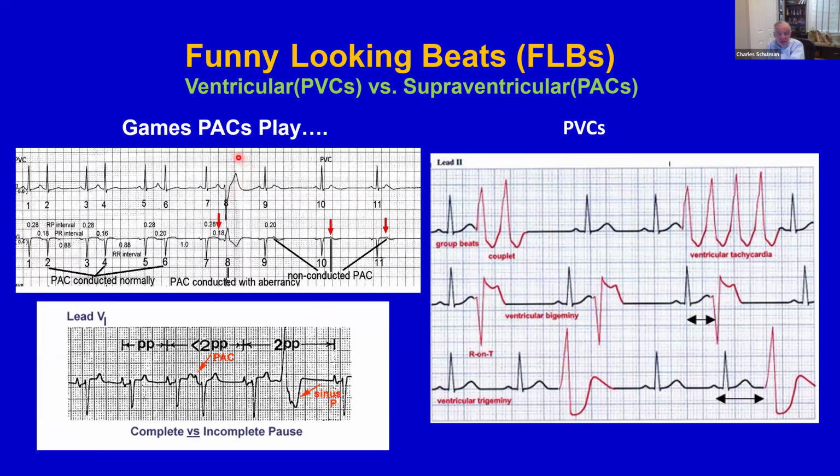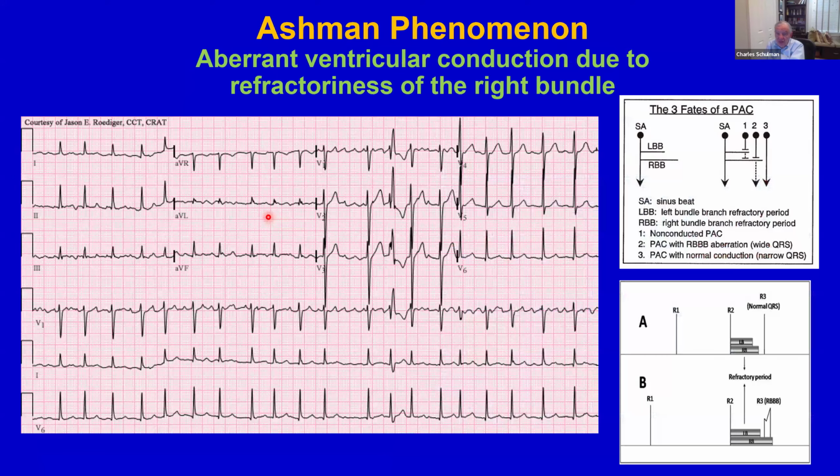These are some of the things that premature atrial complexes can do. They're either not conducted, conducted normally, or conducted with a right bundle branch block configuration. And so we can talk about the Ashman phenomenon. The Ashman phenomenon is aberrant ventricular conduction due to refractoriness of the right bundle.